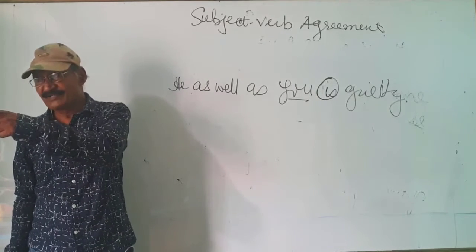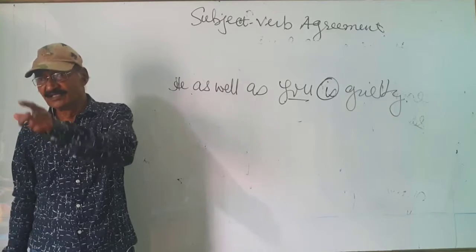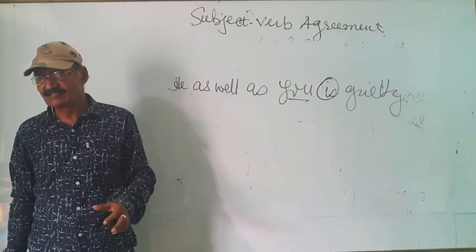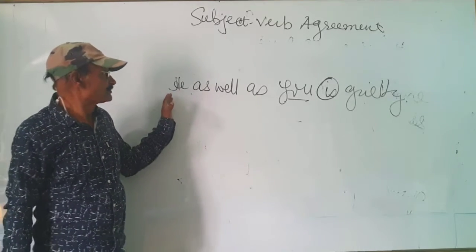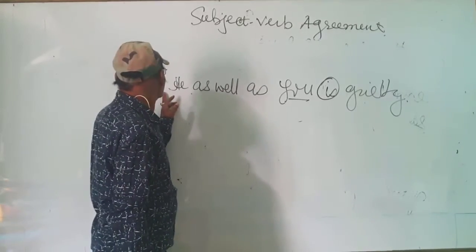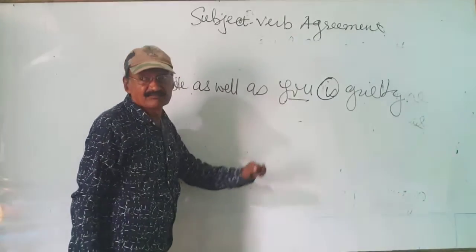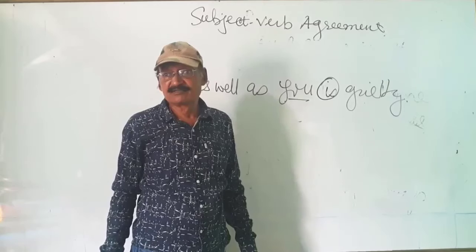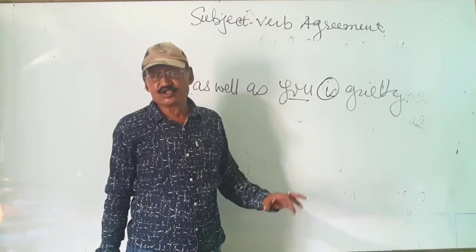What is your first subject? He, isn't it? According to "he", you have to use "is" here. Did you get the point? He as well as you is guilty.